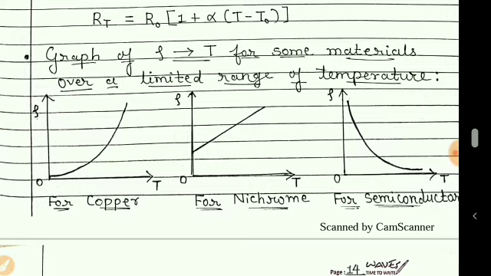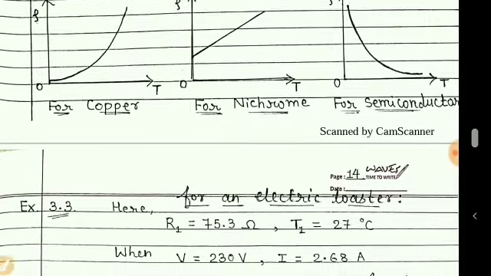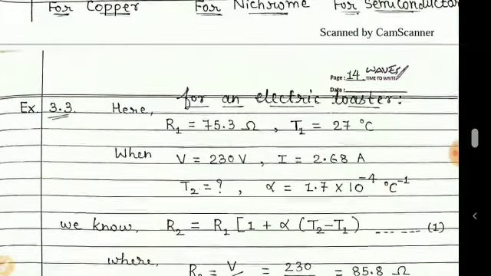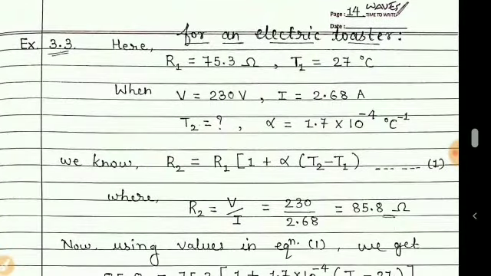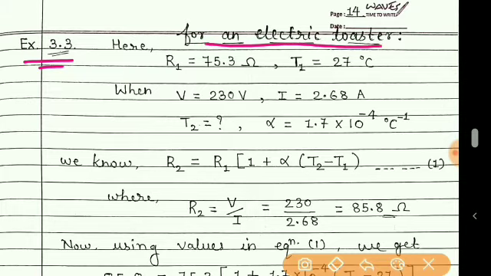Now we will move to the example. Now students, just go through the textbook, read the statement of this example 3.3. You will find that an electric toaster is given and it is heated by applying this much voltage.